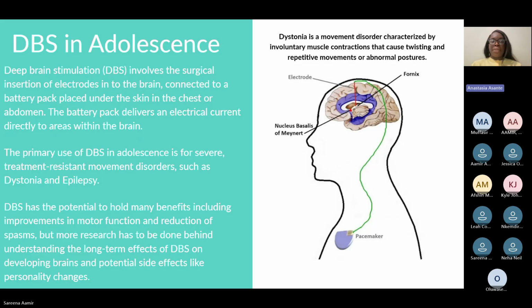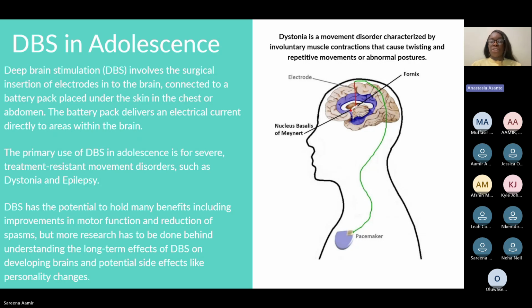The primary use of DBS in adolescents is for severe treatment-resistant movement disorders such as dystonia, which is a movement disorder characterized by involuntary muscle contractions that cause twisting and repetitive movements or abnormal postures, and epilepsy, which is seizures.